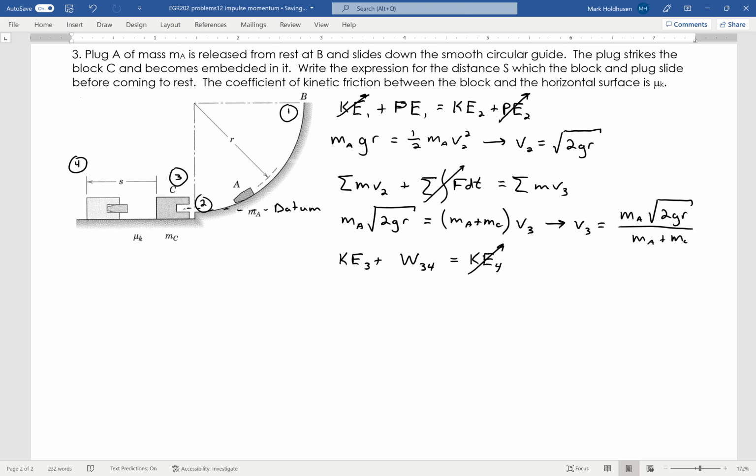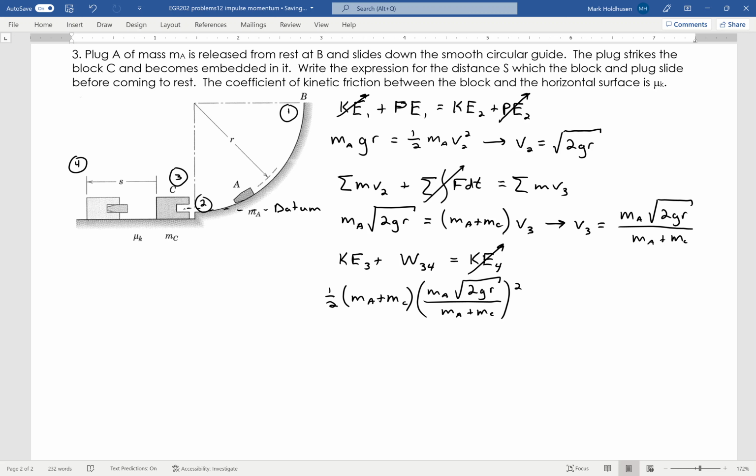So my kinetic energy at state 3 is going to be 1/2 times mA plus mC, because now they're stuck together, times mA times the square root of 2gr divided by mA plus mC, this whole thing squared. 1/2 mv squared, where I know v at 3.